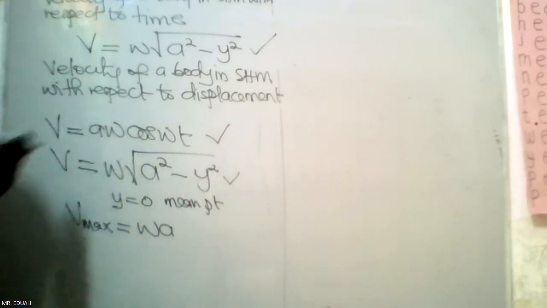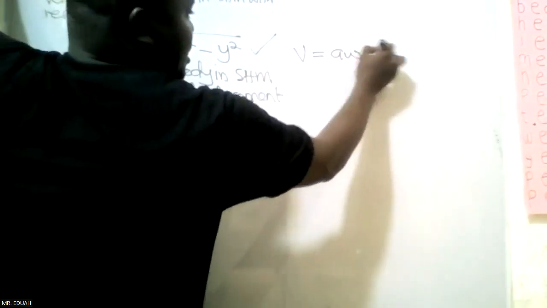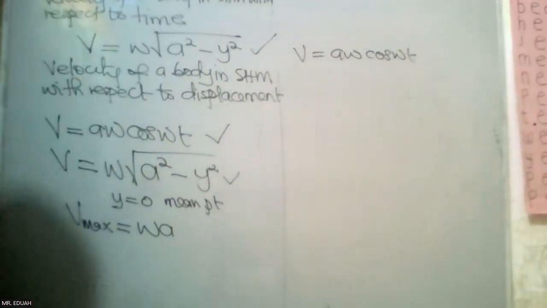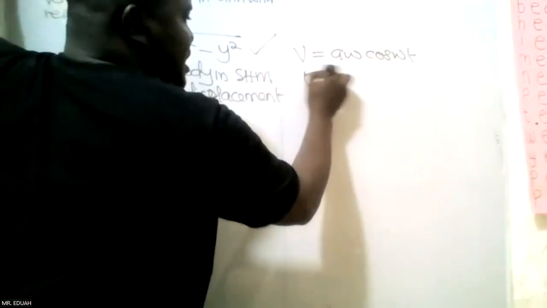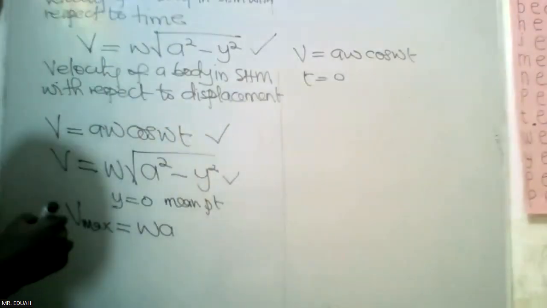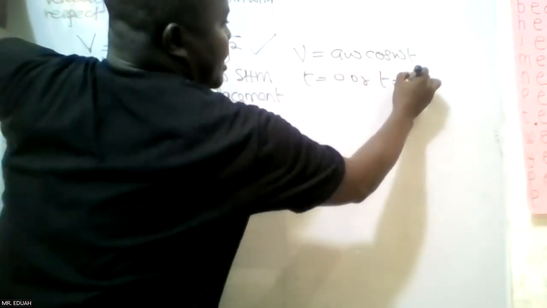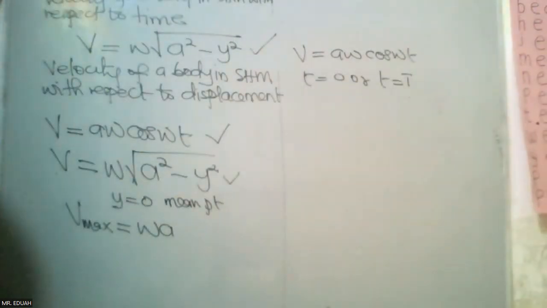We can also use this to confirm the same thing. Velocity in terms of time is this. Now at the midpoint, the time can be t equal to 0, or t equal to the period.